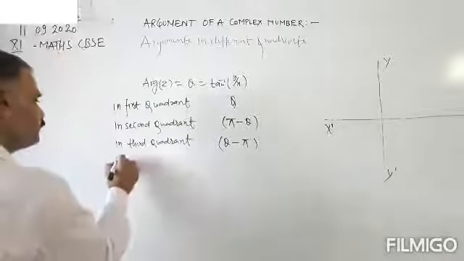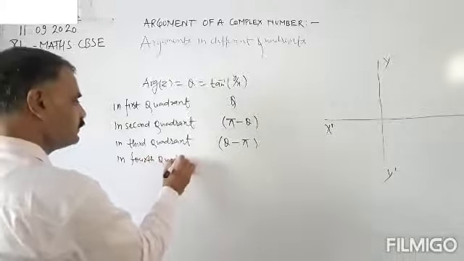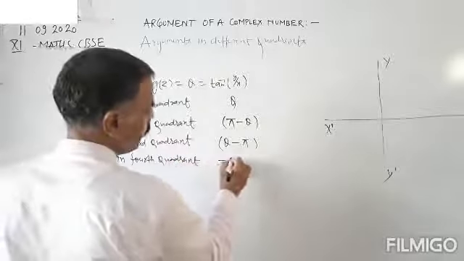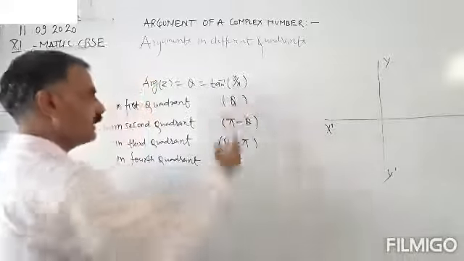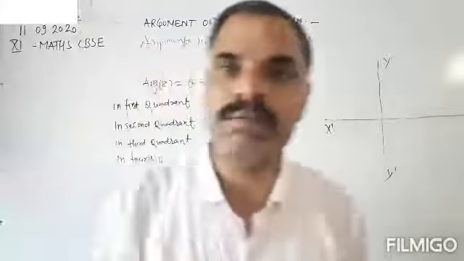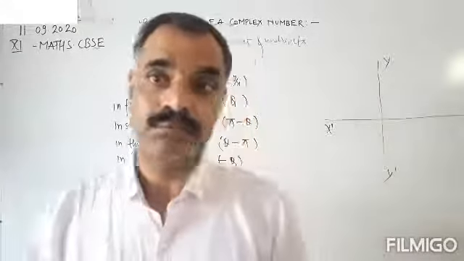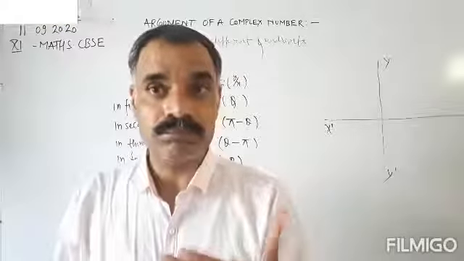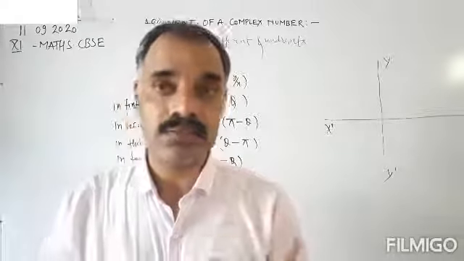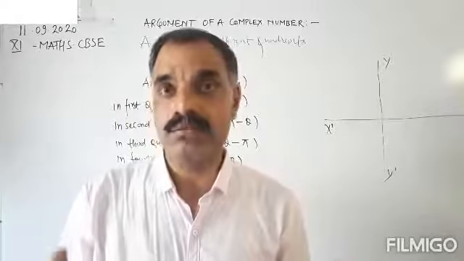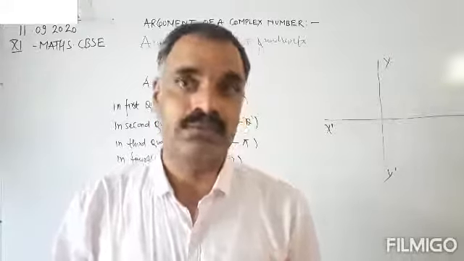And in the fourth quadrant the argument is minus theta. So these are the different arguments in different quadrants. In the first quadrant it is simply theta, in the second quadrant it is pi minus theta, in the third quadrant it is theta minus pi, and lastly in the fourth quadrant it is minus theta.